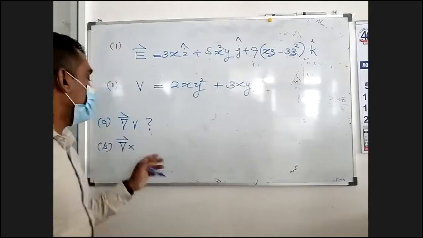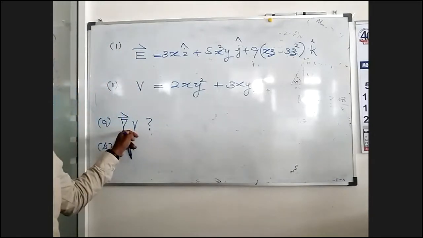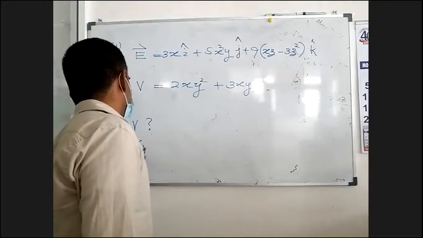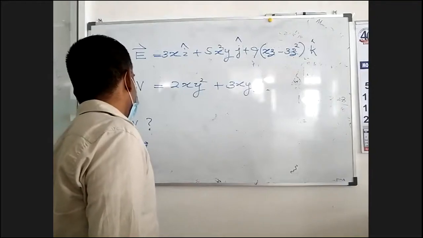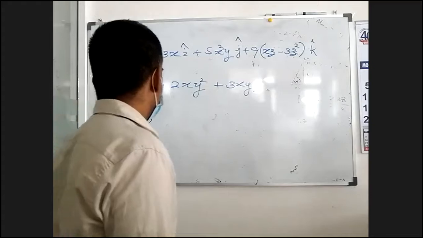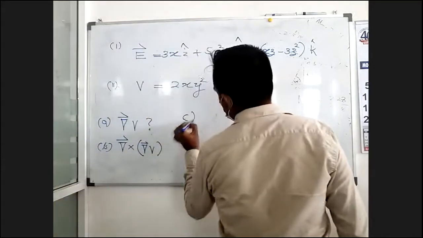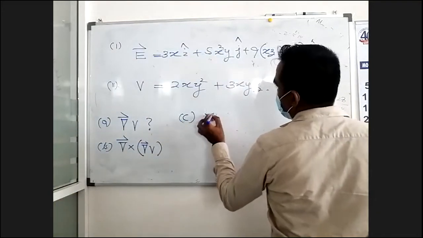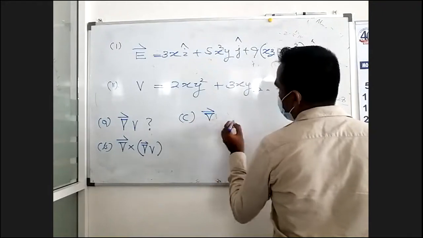If you get the gradient of a scalar, it's a vector. Then we can get the dot product, and again the dot product.